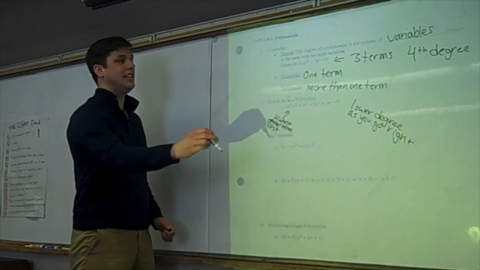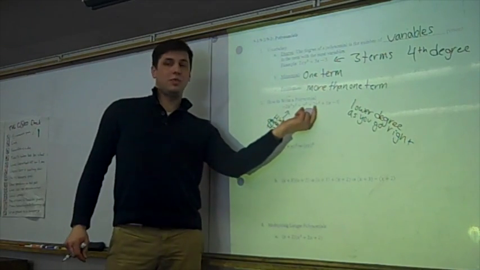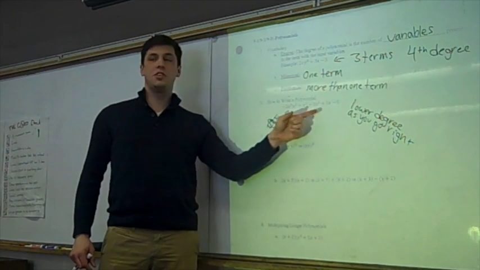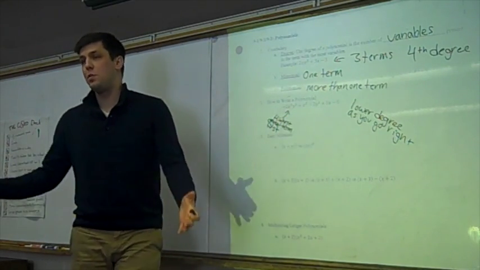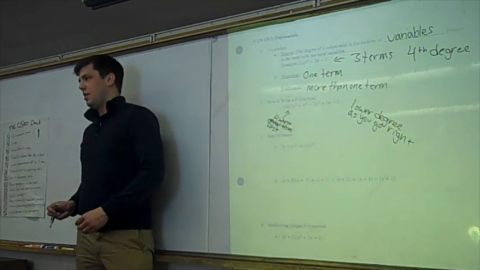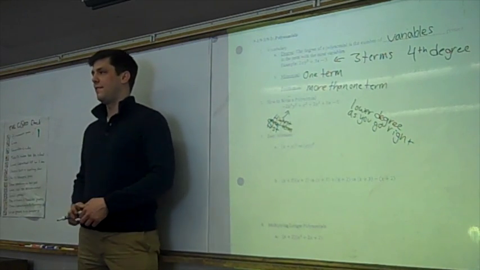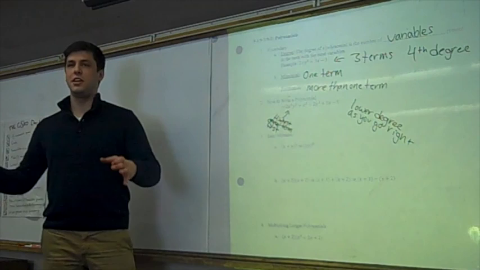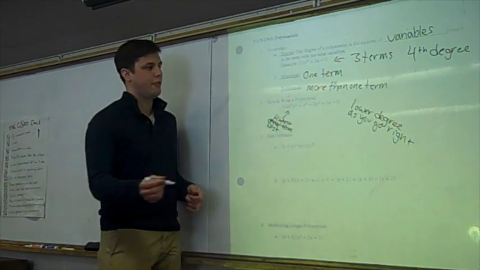And then lastly, suppose you have two things with the same degree. Here you have two x's in this term, here you have two y's in this term. Which one do you put first? What do you think, Sadie? The letter that goes first. Exactly. When you have the same degree terms, it's alphabetical.